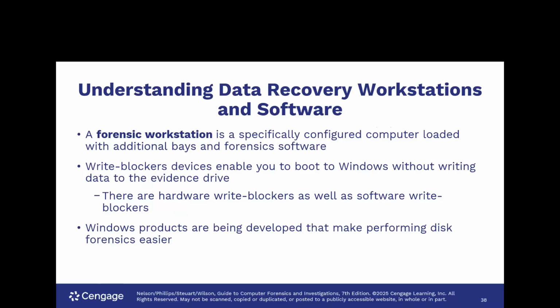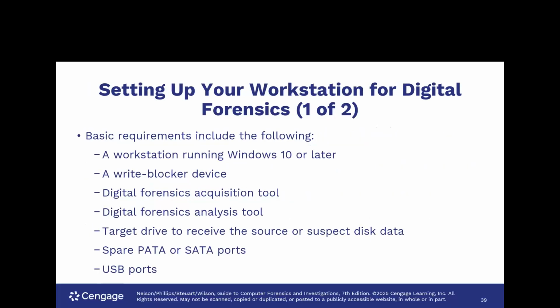You want to remember our goal. We don't want our investigation to change the evidence we are investigating. Forensic workstations need acquisition software, analysis software, storage for forensic images, and connections for different types of devices. A write blocker, as we just discussed, is also a basic requirement.